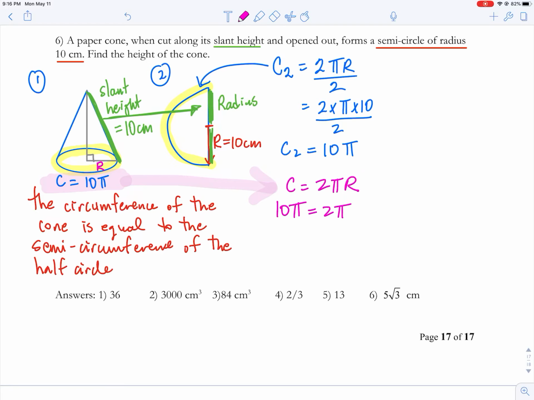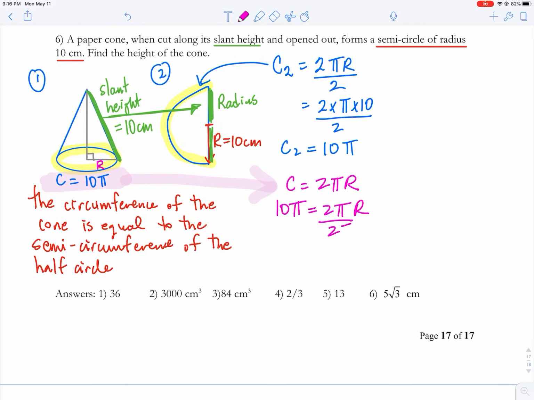So 10 pi equals 2 pi r. I want r by itself, so I'm going to divide both sides by 2 pi. And this is where all those pi's cancel out. Like I said, they would. So pi's cancel. 10 divided by 2 is 5. So we get that the radius of our cone is equal to 5 centimeters.